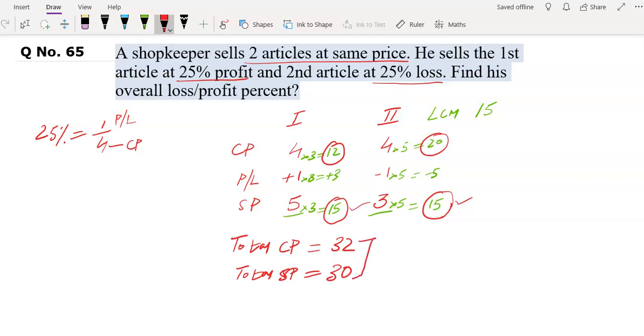Now if we take the difference, our CP is greater than SP, so that means we have a loss. We have a loss of 32 minus 30, which is 2 units. So our loss percent will be how much? Loss percent will be loss upon CP. Loss is 2, CP is 32, into 100.